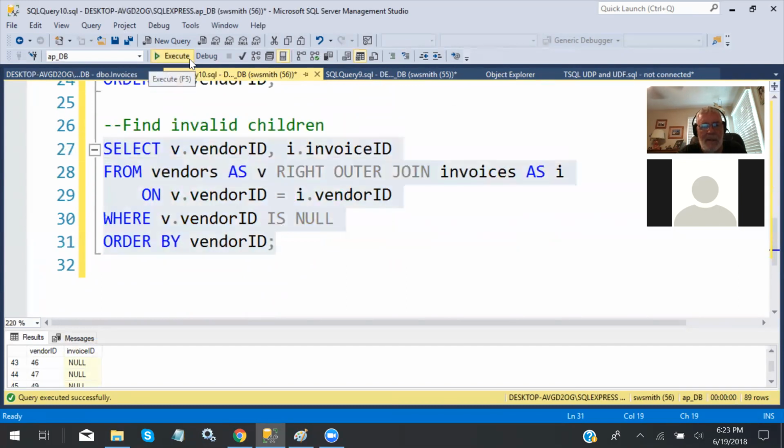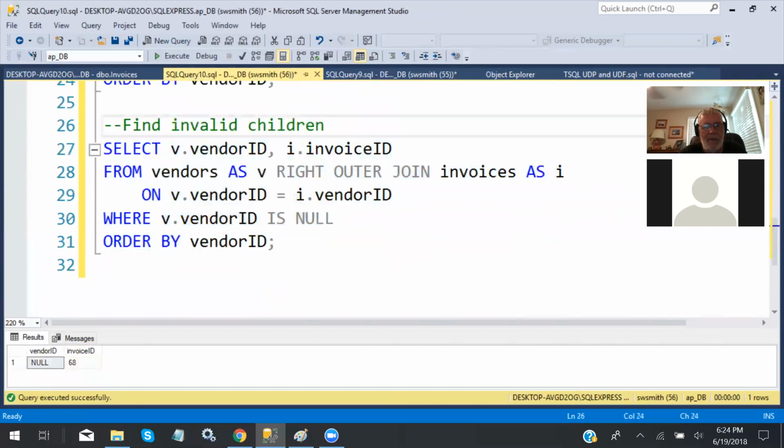So this particular one finds an invalid child. And to find an orphan child, I do not need an outer join. This is an important point. I could do an outer join to find an orphan, but all I have to do is look at the child table. I can find orphans simply by looking at the parent field of the child table.